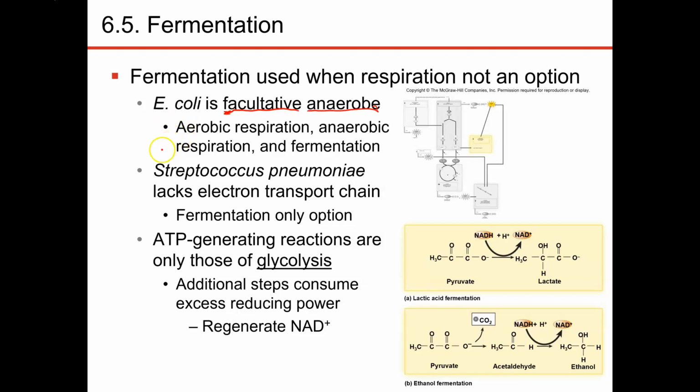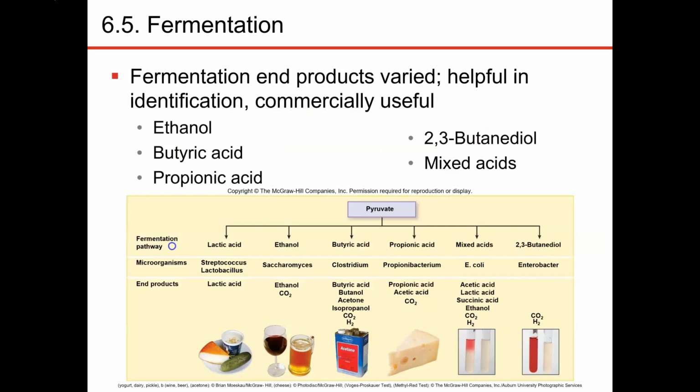So it can use multiple pathways. That's what this is showing. Streptococcus pneumoniae cannot use multiple pathways. It uses fermentation only. So different organisms are going to use different pathways. But in general, all organisms use that glycolytic pathway.